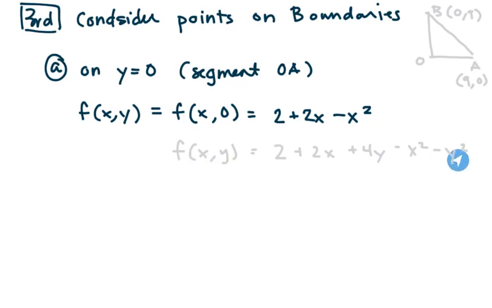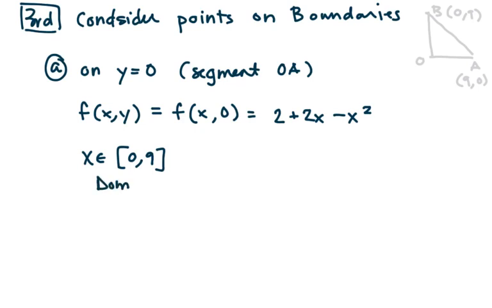So I just pulled my function in from before. So this segment OA only exists for x values that are between 0 and 9. That's my domain. So we have to look at the endpoints.